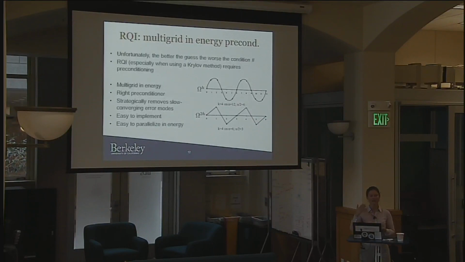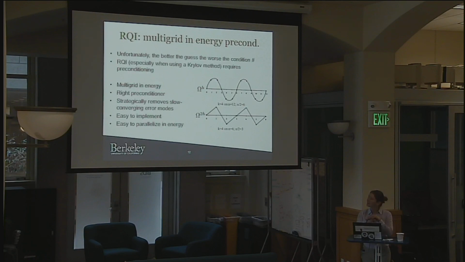You apply your numerical method, which removes the now oscillatory error mode. You map it back to the fine grid, and the error that you couldn't get rid of on the fine grid has now been removed. So you sort of trick the solver into making the error modes look relatively more oscillatory so you can remove them more easily. And the reason it's easy to do in one dimension is that mapping between grids in one dimension is pretty straightforward.